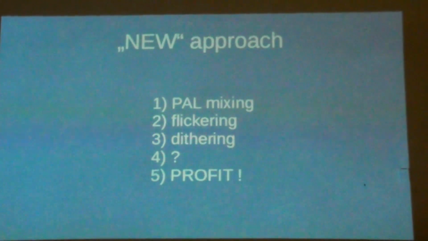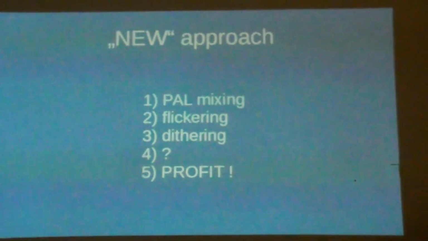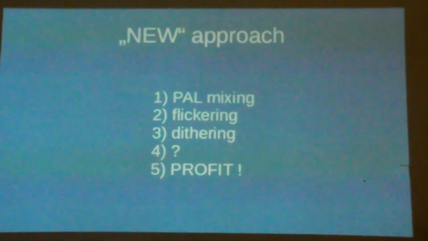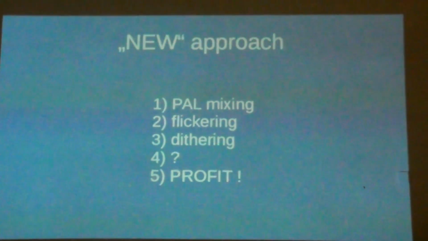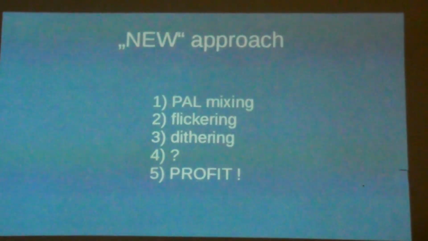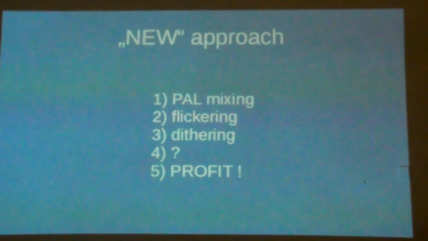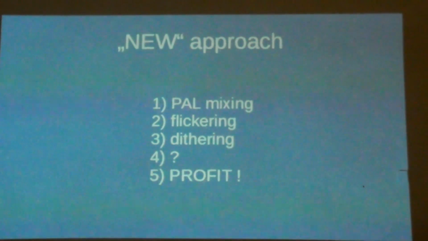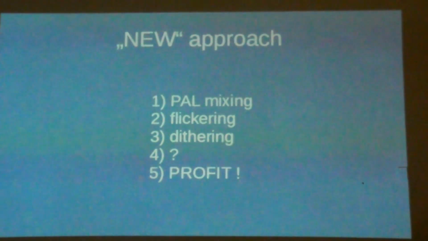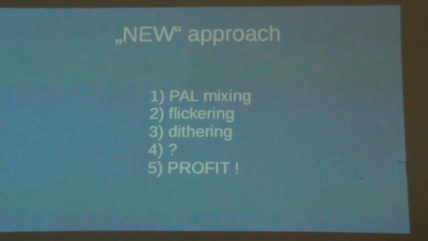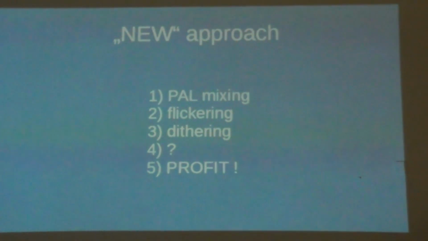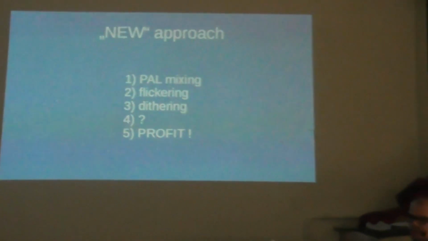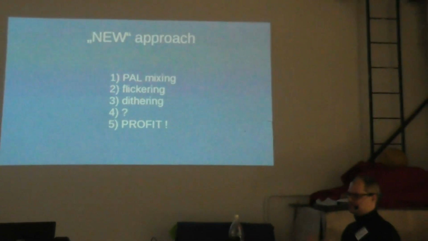Flickering, like using two frames quickly changing, basically at 25 Hertz, is also used on basically all platforms to create more colors or to increase resolution. There are always some techniques to improve how much it seems to be flickering. There are some modes which are really bad and impossible to watch.